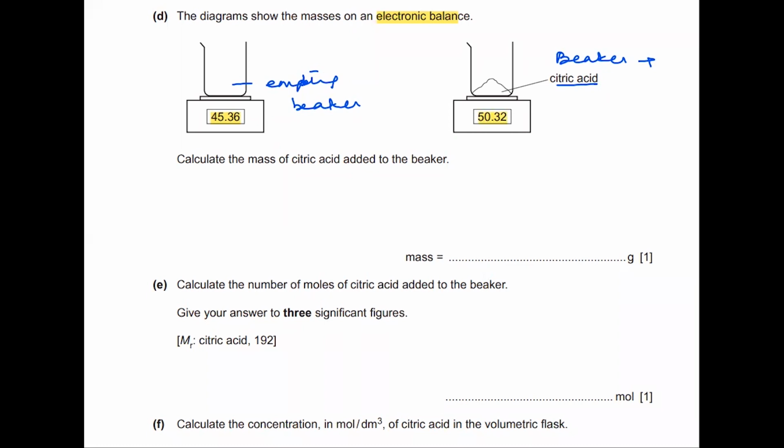What we will do here, we will be subtracting the mass of a beaker with the citric acid, and from this we will be subtracting the mass of an empty beaker, and whatever the difference we'll have, that will be basically the mass of the citric acid you are adding to it. Okay.